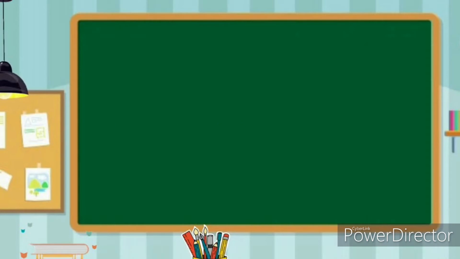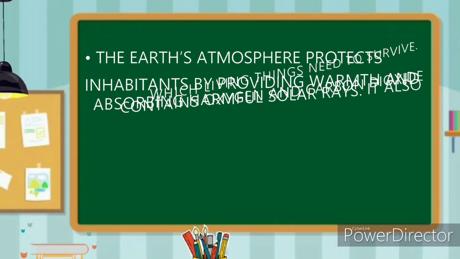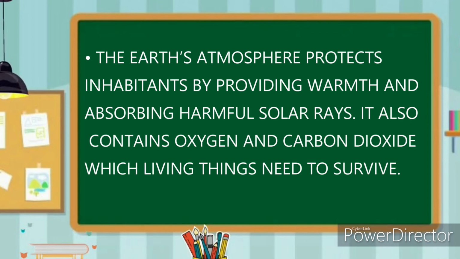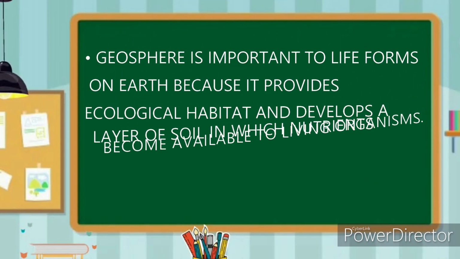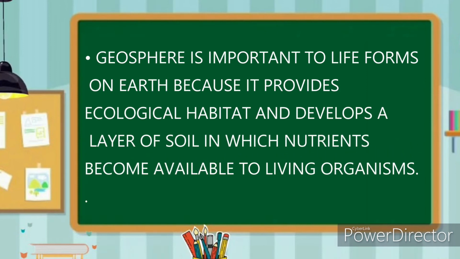The Earth's atmosphere protects inhabitants by providing warmth and absorbing harmful solar rays, and also contains oxygen and carbon dioxide, which living things need to survive. Geosphere is also important to life forms because it provides ecological habitat and develops a layer of soil in which nutrients become available to living organisms.